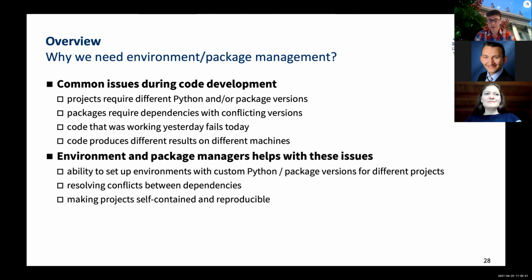Sometimes people also face other issues. Code was working yesterday, everything was fine, but you try it the next day and it fails. This may happen for a lot of reasons, but one such reason could be that one of the packages that you use got updated. Maybe they renamed a function that was used, or maybe they eliminated it completely or changed how it works.